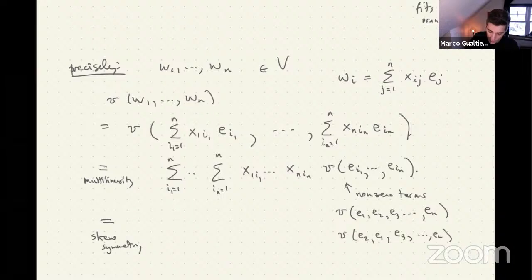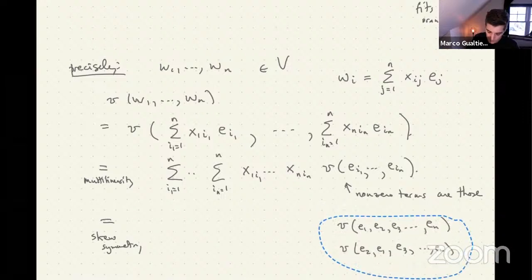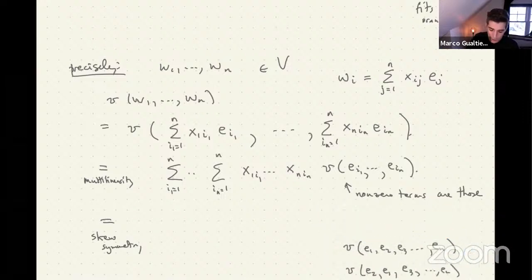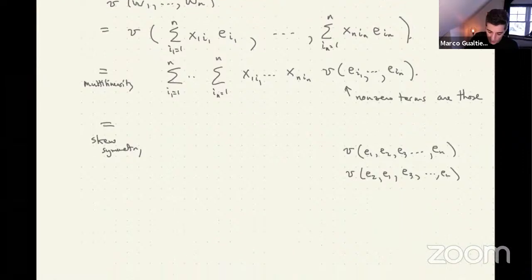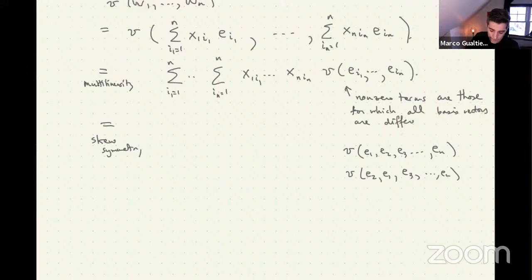So the non-zero terms are those for which all basis vectors are different. Like for example, the ones below where I have all different vectors in the entries, right?